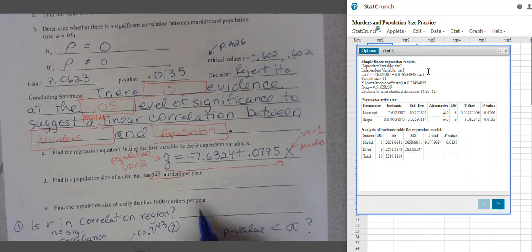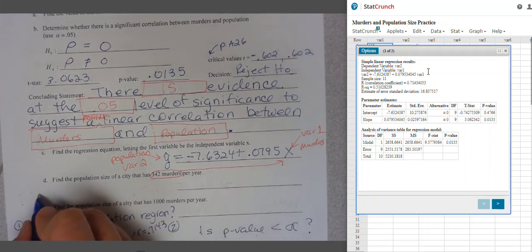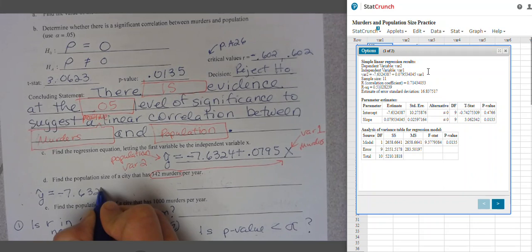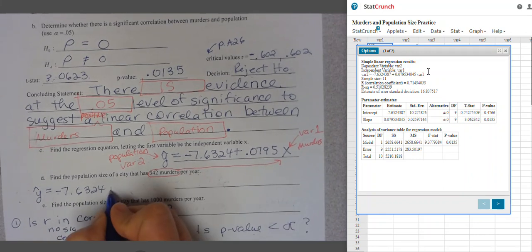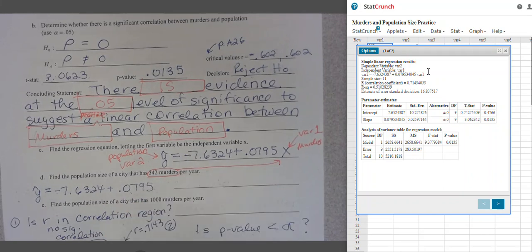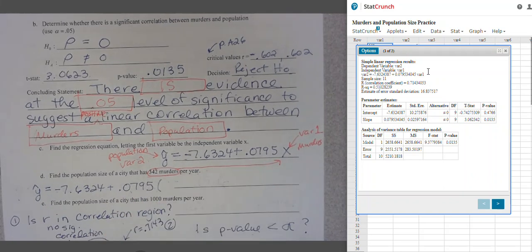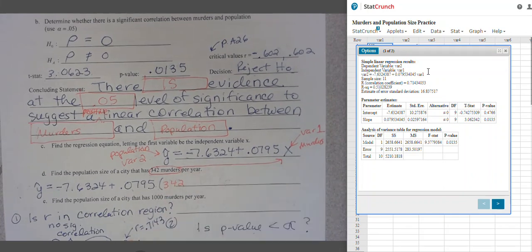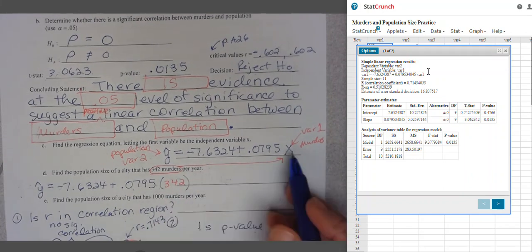So we will say that our population size is equal to negative 7.6324 plus 0.0795 times x. I'm just going to use red to highlight that we're substituting the 342 in where x was.